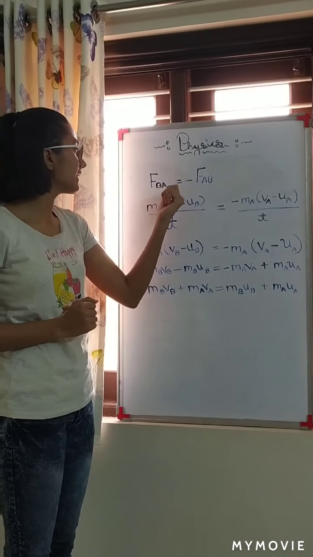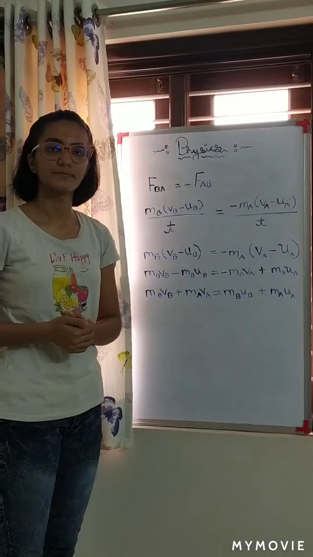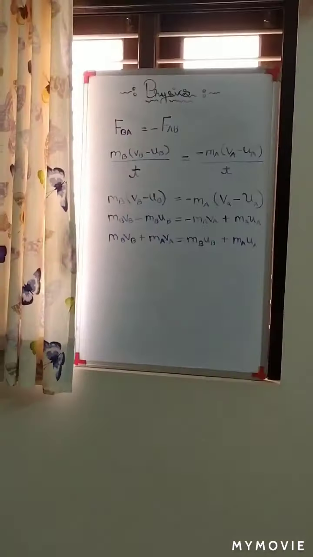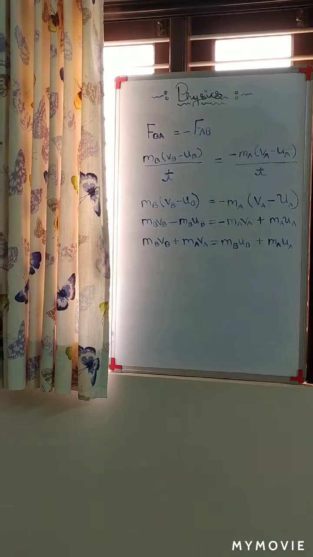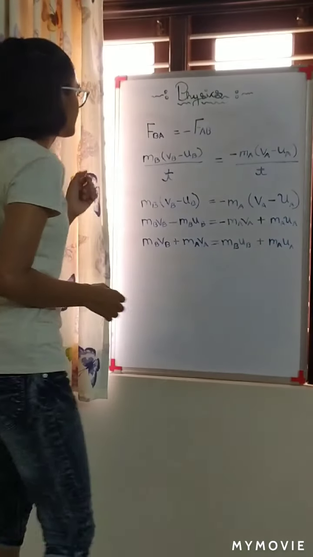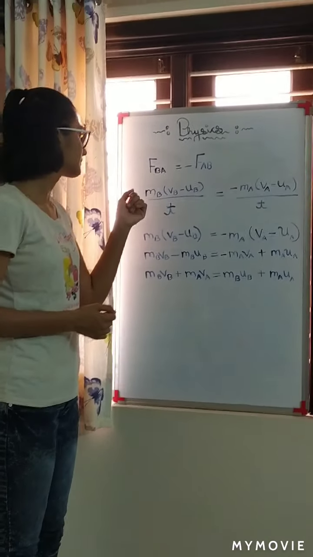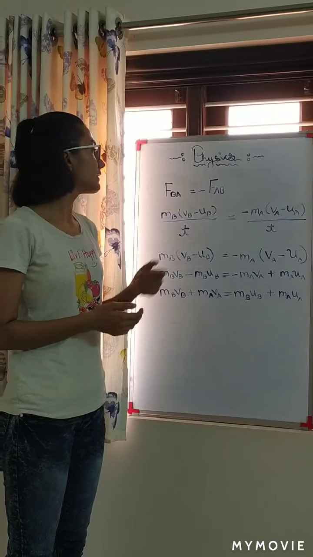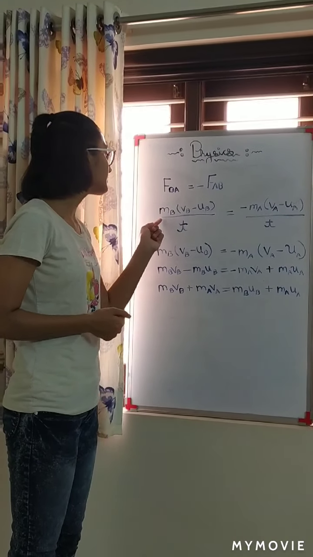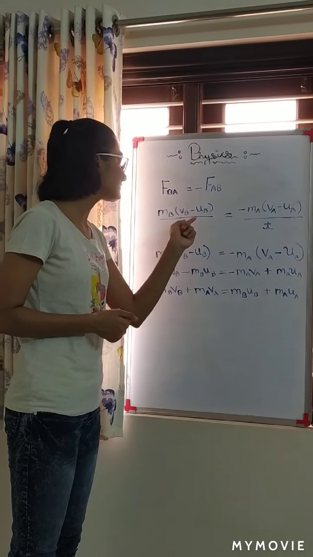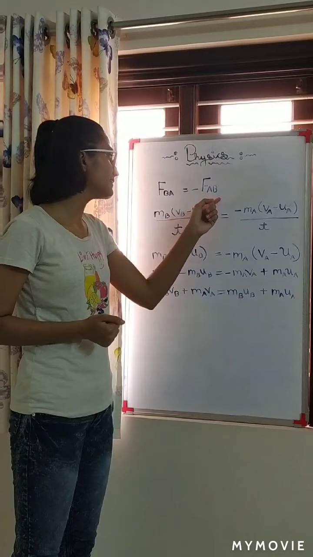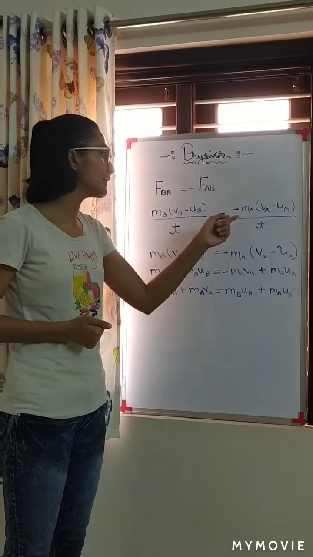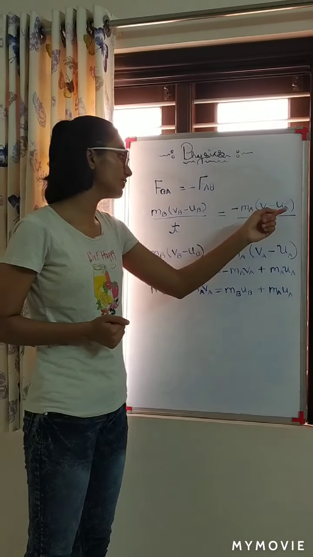So FBA = −FAB. FBA = Mb(VB − UB)/t and −FAB = −Ma(VA − UA)/t.